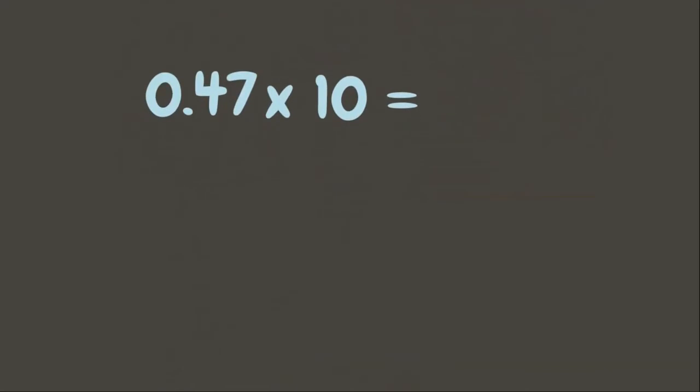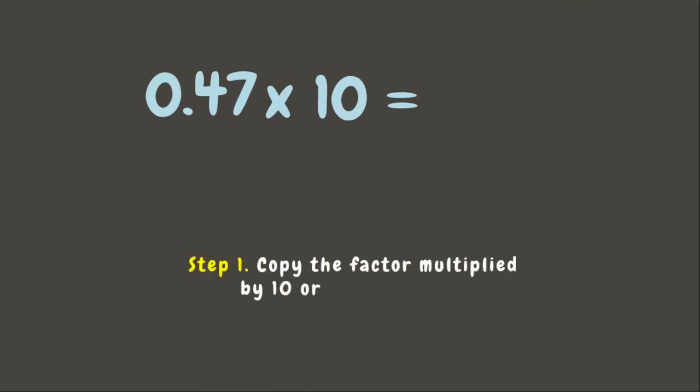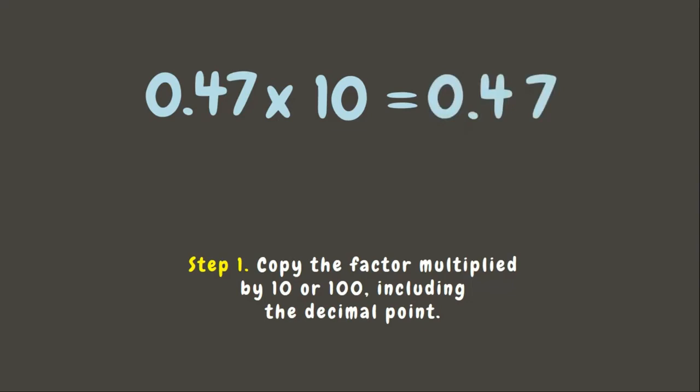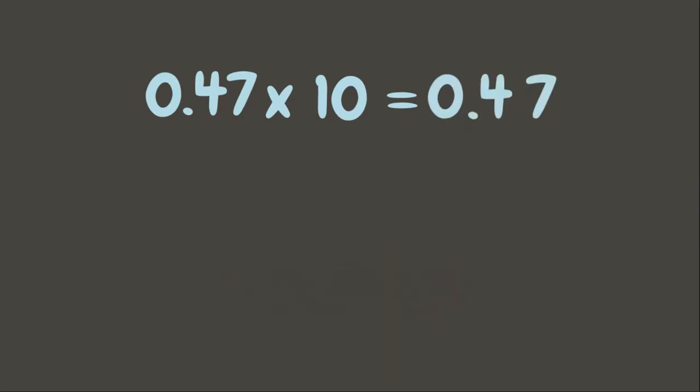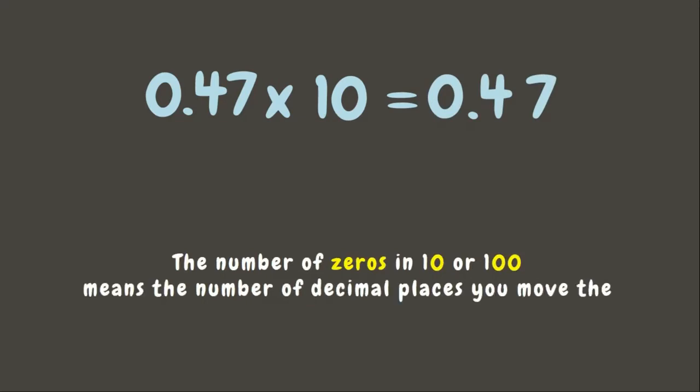How about this one? Let's try 47 hundredths times 10. In multiplying decimals by 10 or 100, the first thing that we need to do is to copy the factor multiplied by 100 or 10. Let's copy 47 hundredths. Now, the next step that we need to remember is the number of zeros in 10 or 100 means the number of decimal places you move the point to the right.